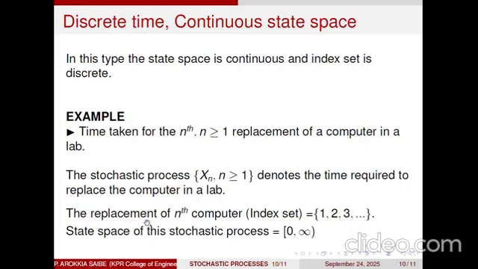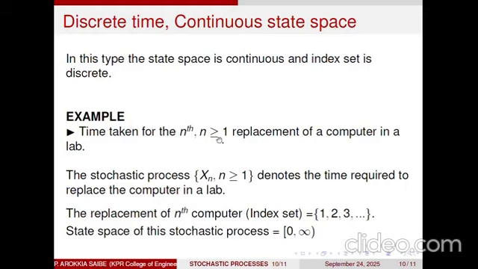So here the replacement of the nth computer is considered as the index set, which takes the values 1, 2, 3, etc. Whereas the state space of the stochastic process lies in the interval 0 to infinity. So this example represents that the time taken to replace the first system is the state space, so that value lies in continuous form. Whereas replacing the first computer, replacing the second computer means that the index set takes the values 1, 2, 3, etc. So this is the example.